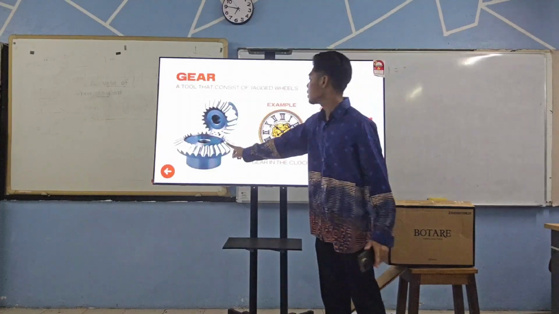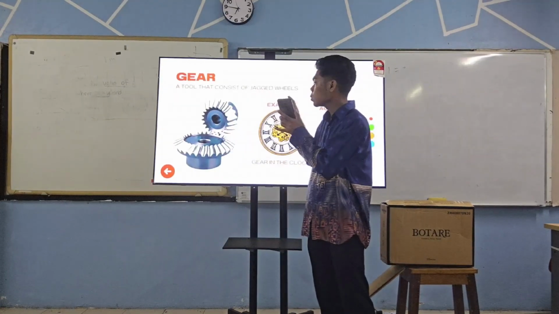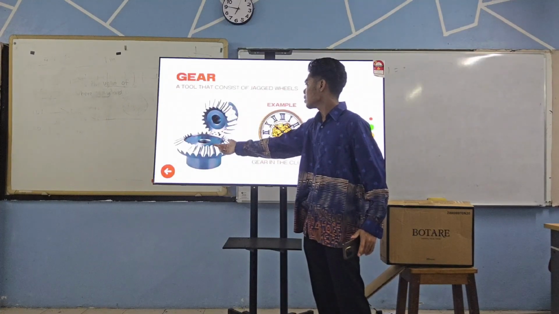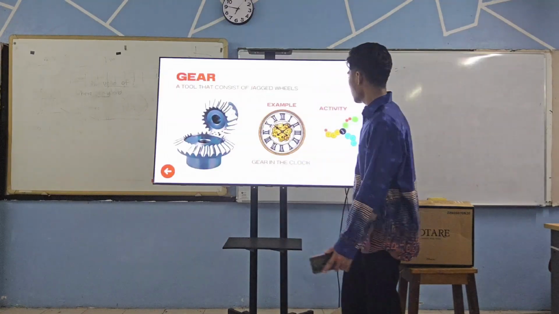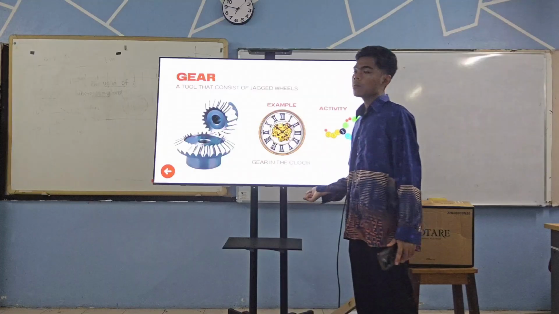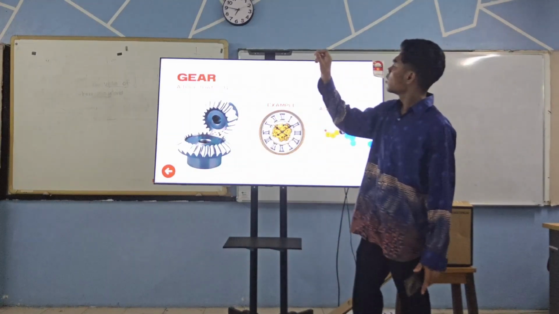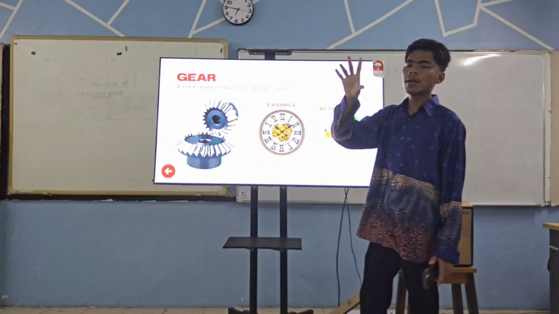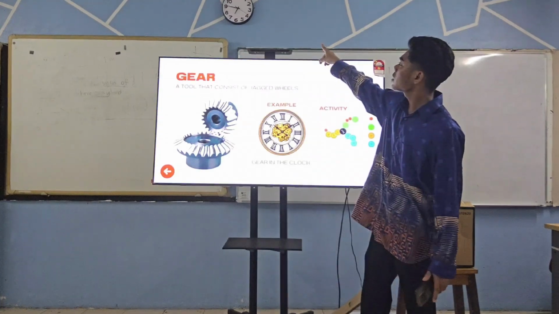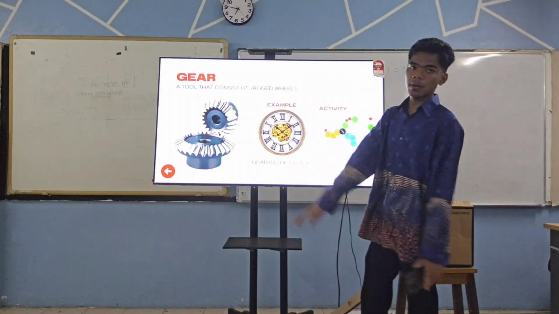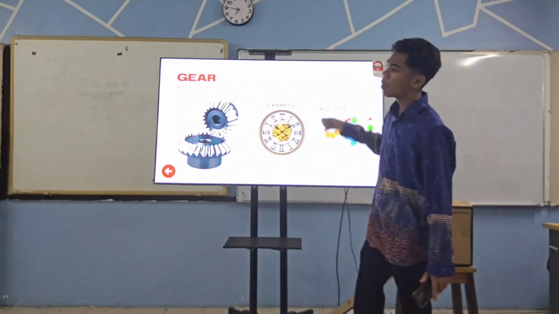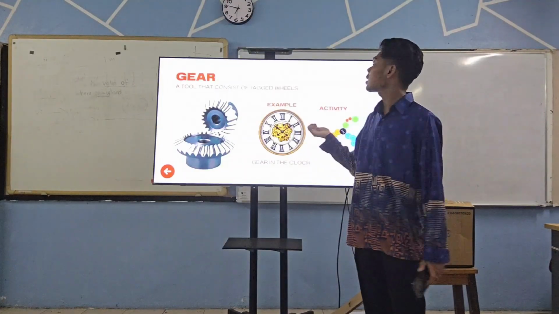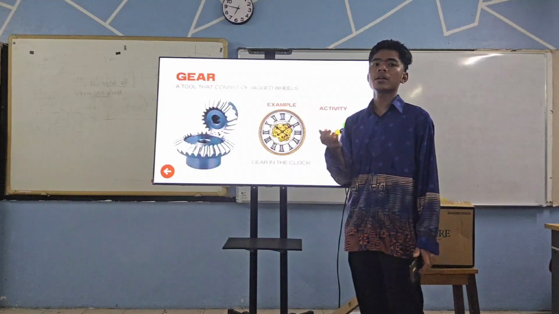So for example, if this gear is turning, then by interconnecting those two gears, this will be the input and this will be the output, because when this gear turns, this gear also turns. An example is the gears in a clock. We have the shorter hand, the longer hand, and the second hand, or in simple words, the second hand, the minute hand, and the hour hand.